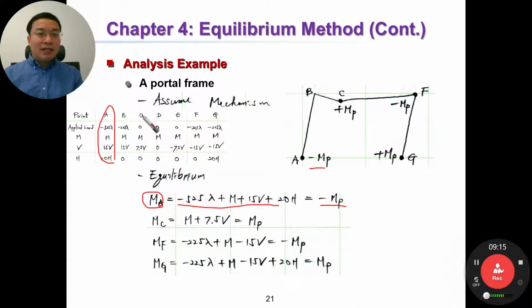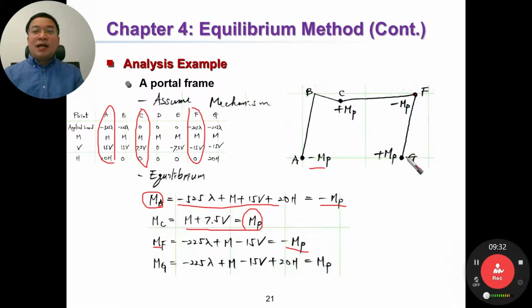And similarly, moment at C equal to this one and equal to MP. And moment at F, this point, equal to minus MP and equal to this one. And moment at G here equal to plus MP.